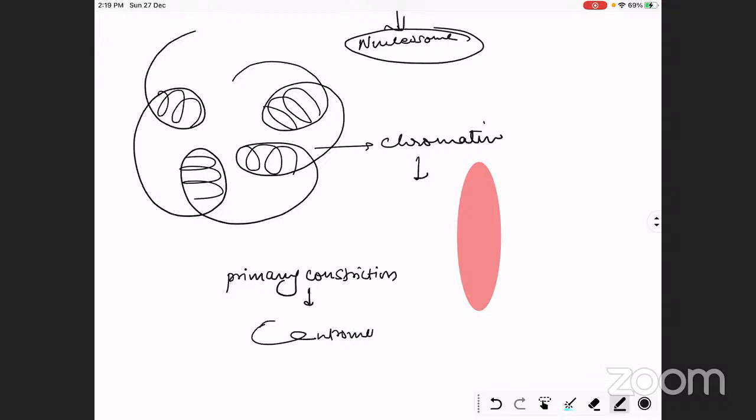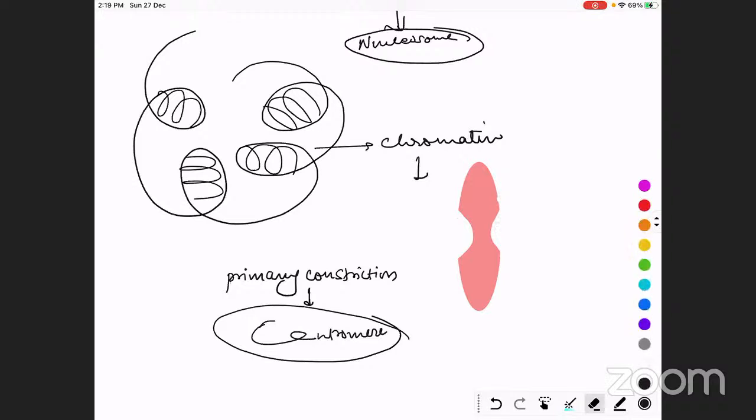Centromere. Okay. So here will be a primary constriction like this, and this structure here is known as the centromere.